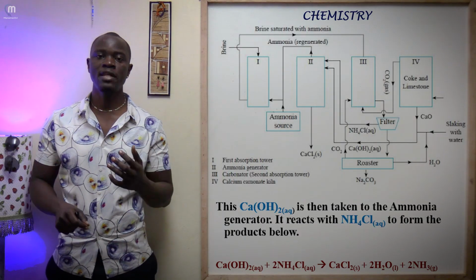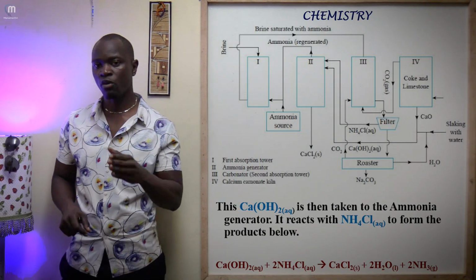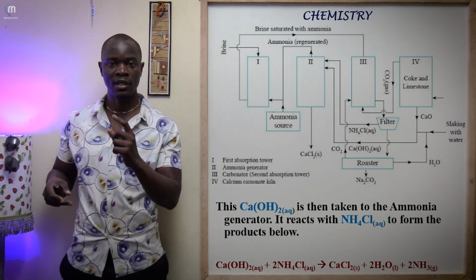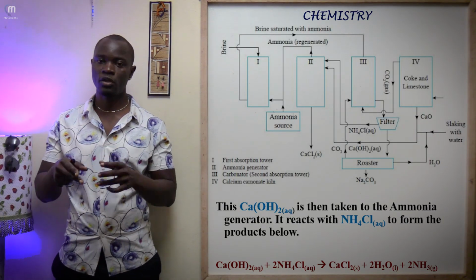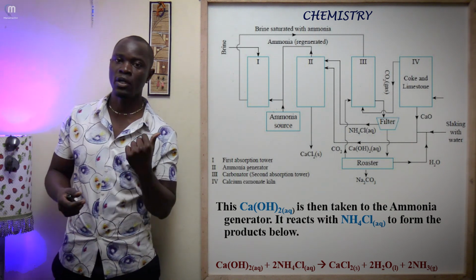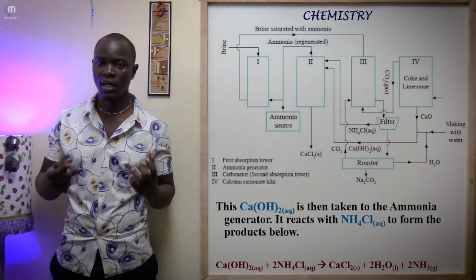The first reaction to take place here, we said, ammonia from the ammonical brine reacts with carbon dioxide and water to form ammonium hydrogen carbonate. So remember, that's what we said. Now the second reaction, we said, this ammonium hydrogen carbonate will then react with the sodium chloride from the ammonical brine to form ammonium chloride and sodium hydrogen carbonate.